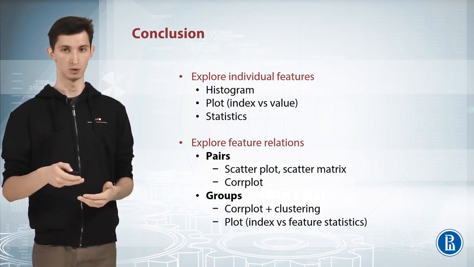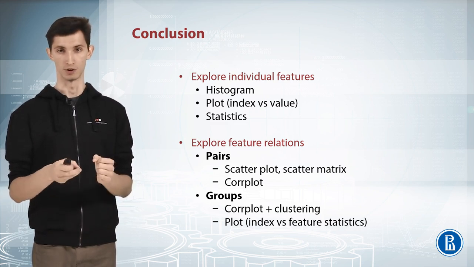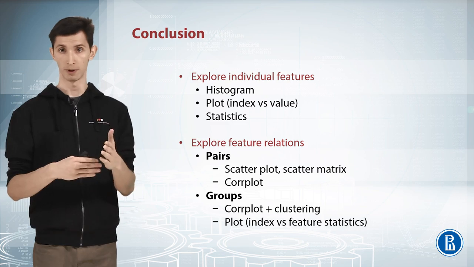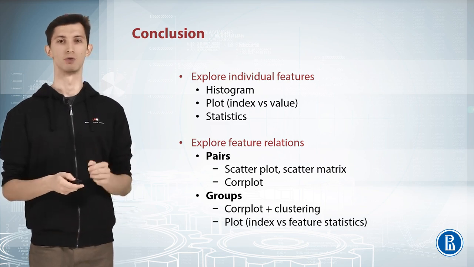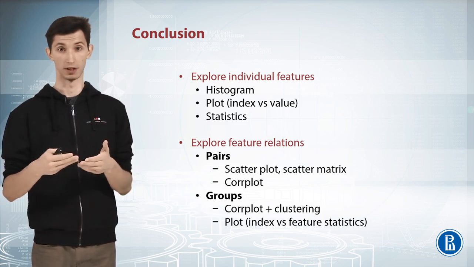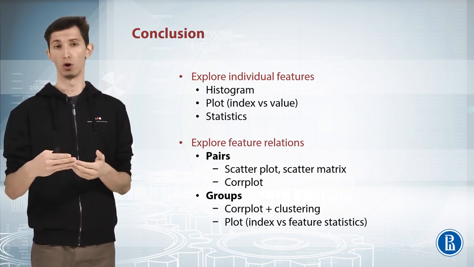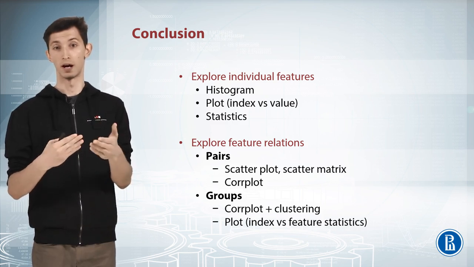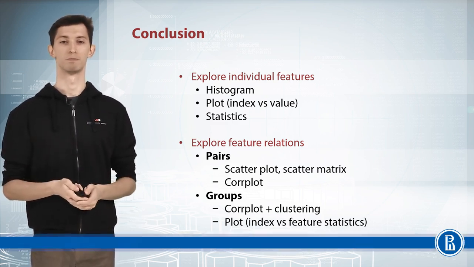Correlation plot is useful to understand how similar the features are, and if we reorder the columns and rows of the correlation matrix, we will probably find feature groups. And feature groups was the last topic we discussed in this lesson. We also saw a plot of sorted feature statistics and how it can reveal feature groups.